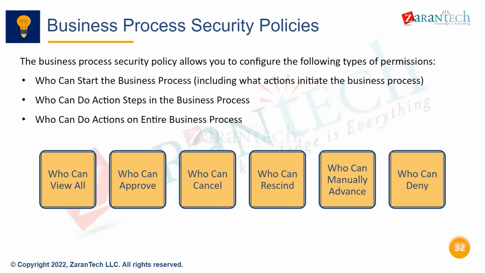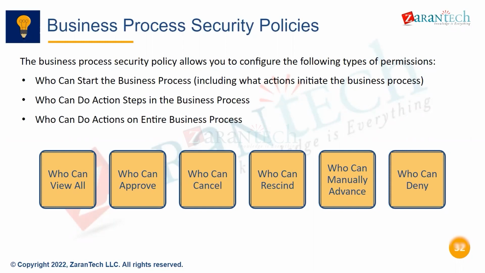In a real-time scenario, whenever the talent service team initiates the termination action, it has to go to the manager or any kind of HRBP for approval. So these kinds of actions need to be given to certain security groups.